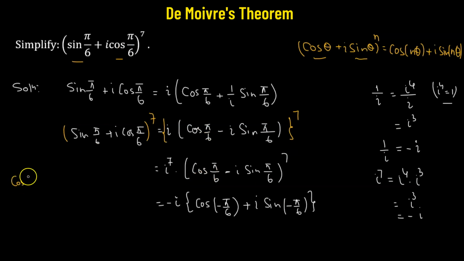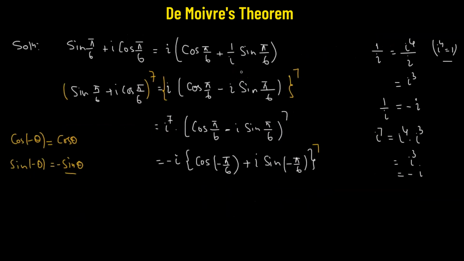So whenever we have cosine of negative theta, that's simply cosine of theta. And when we have sine of negative theta, that means we have negative sine theta. The reason behind this is that sine is an odd function. Now this is raised to the power of 7. This has been done so that we can multiply 7 to negative pi over 6.